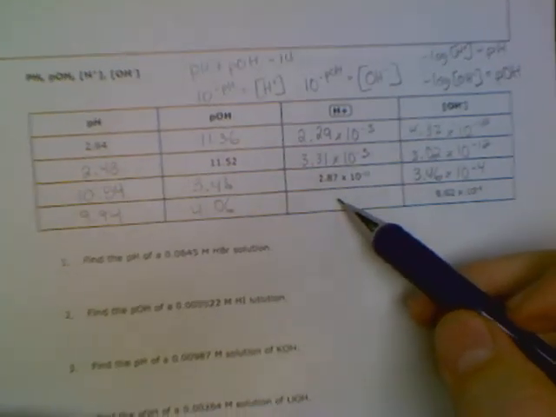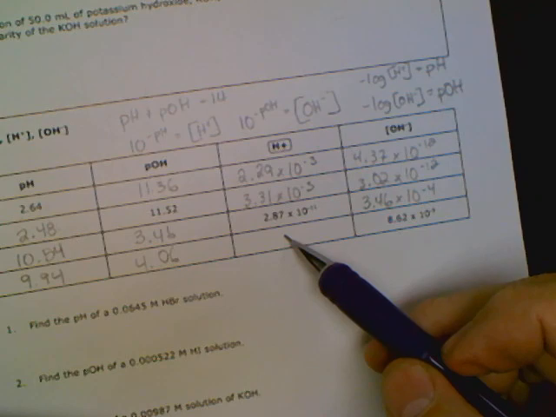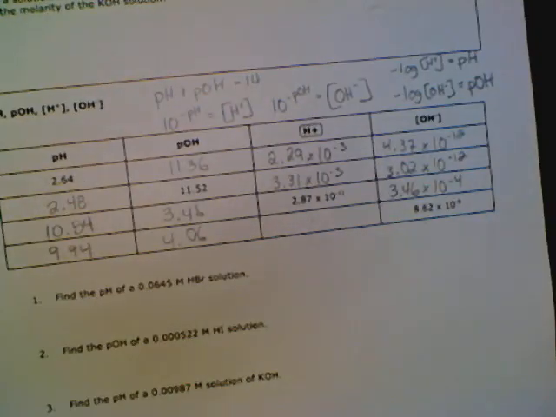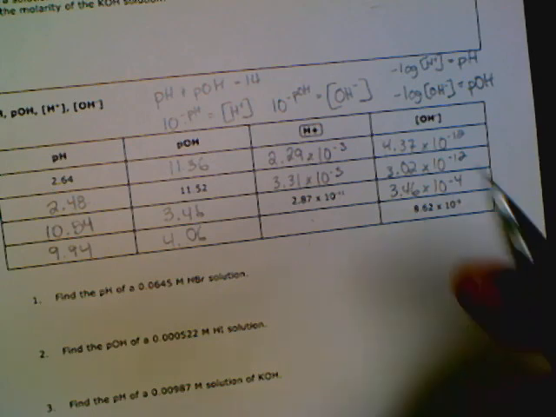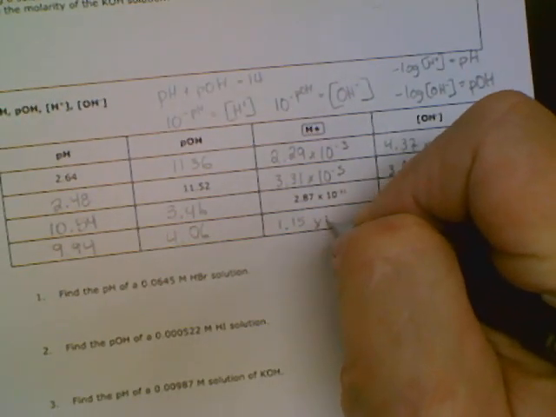And now I just have my hydronium ion, and I know how to get that. All I have to do is take 10 to the negative pH power, and that will give me that. So 10 to the power of negative 9.94. That's not going to be a very good calculation. And I get 1.15 times 10 to the negative 10.